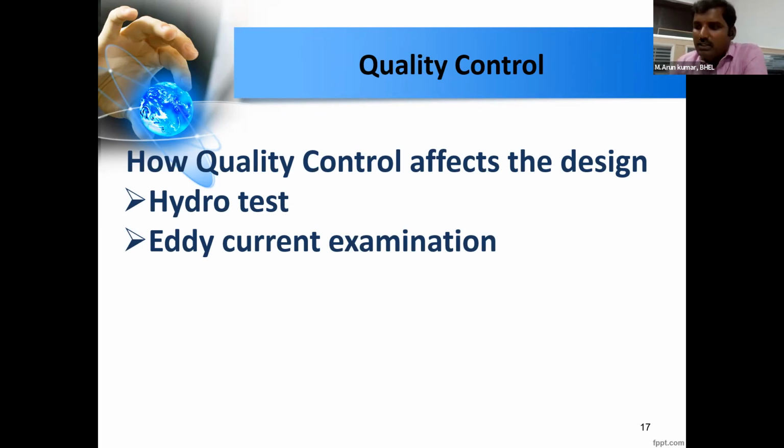So what happened? The yield stress, or the stress strain curve, is coming down at higher temperature. So we had not considered this aspect of plus 63 degrees Celsius metal temperature during our design.